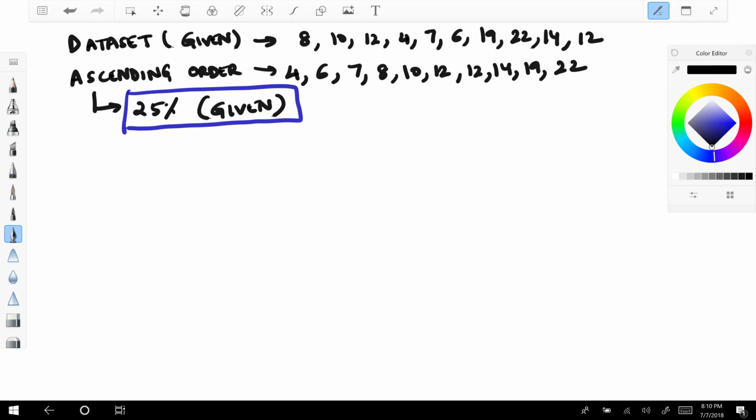So we will use our formula, which is L is equal to NP divided by 100.